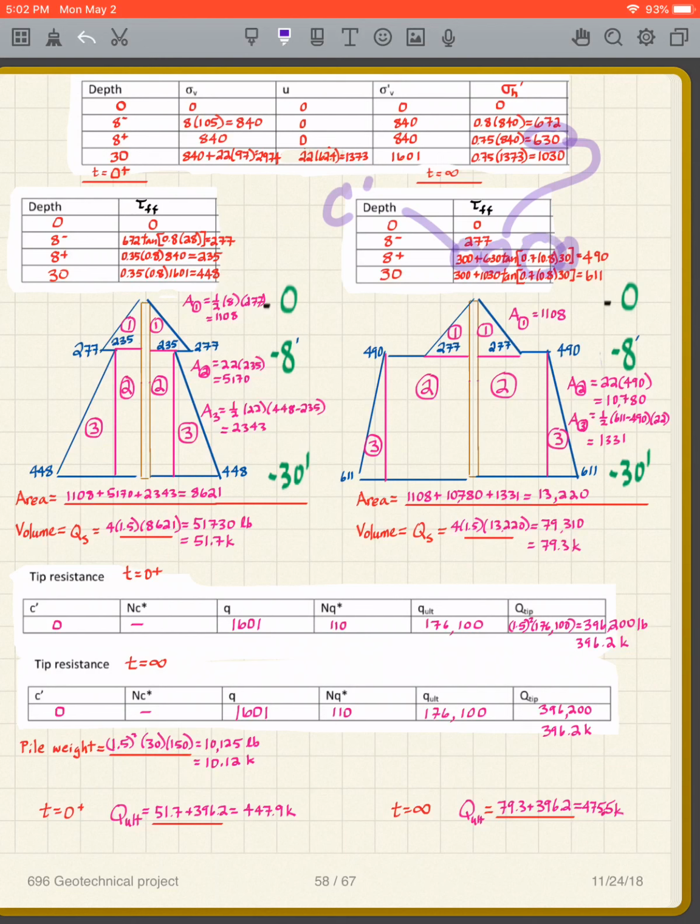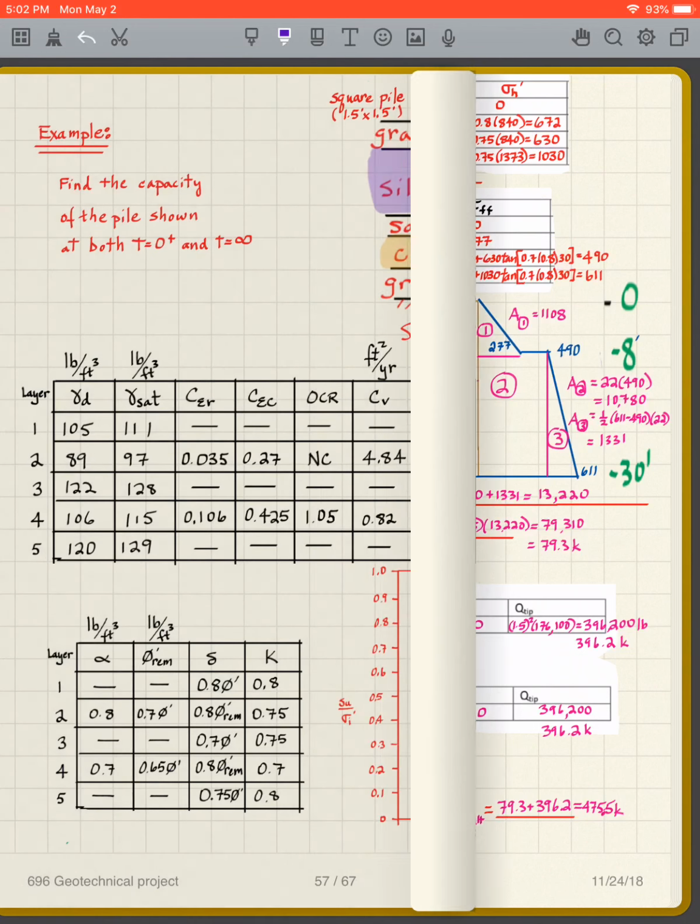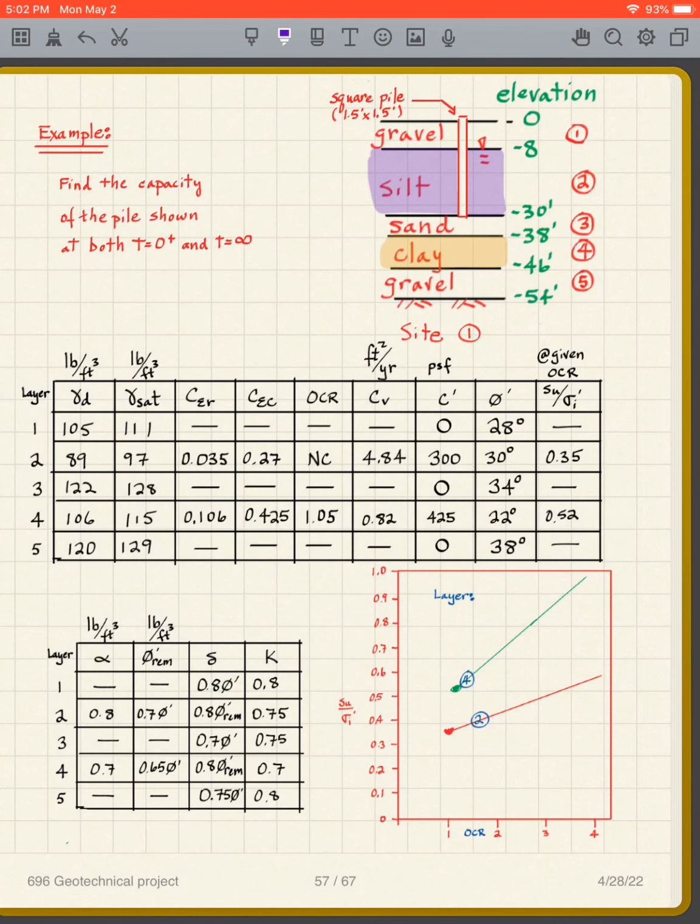This is my C prime, and so the basic parts of the equation are there. Then I have these two factors that I need to include because of the pile being driven, and where do those come from? The 0.7 and the 0.8. Well, they come from here. So the first thing is that because we've driven the pile, we have a phi prime remolded.